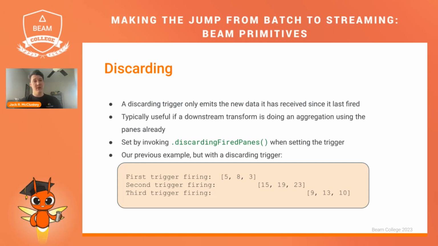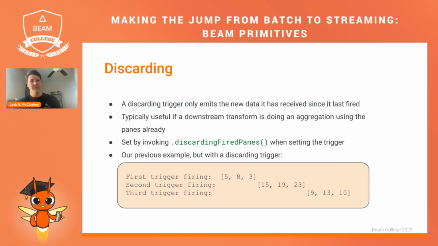A discarding trigger only emits the new data it received since it last fired. And this is most commonly used when the downstream transform is doing some sort of aggregation with the panes already. So if you're doing some sort of summation or arithmetic calculation, this is a pretty useful idea.